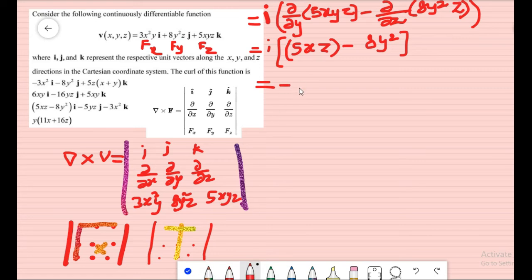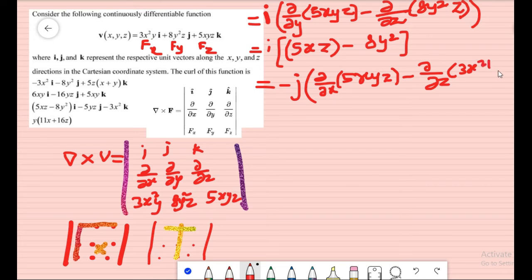So here for the second term we'll write minus j. So minus j dou by dou x of 5xyz minus dou by dou z of 3x square y.